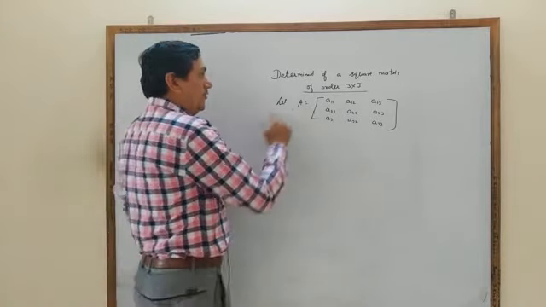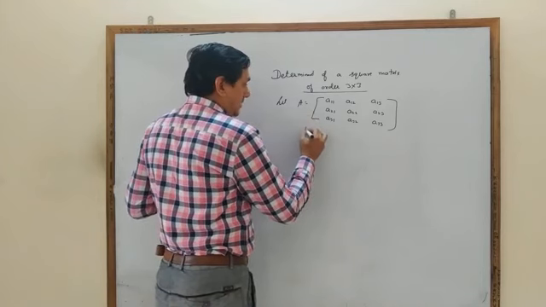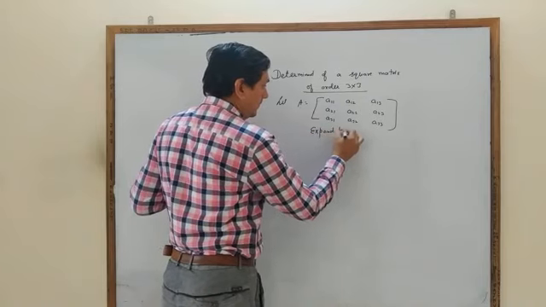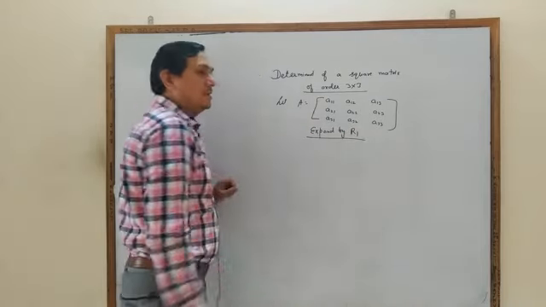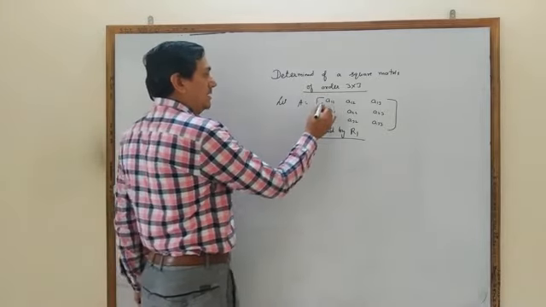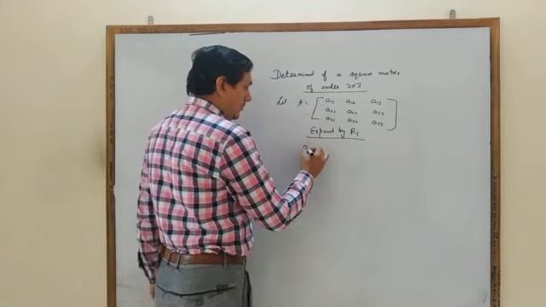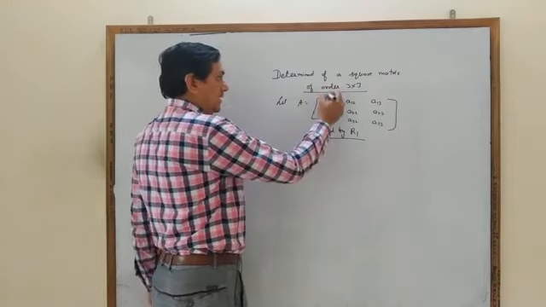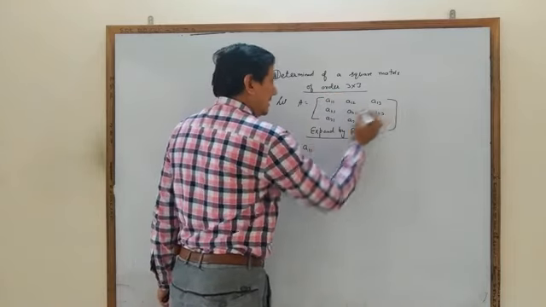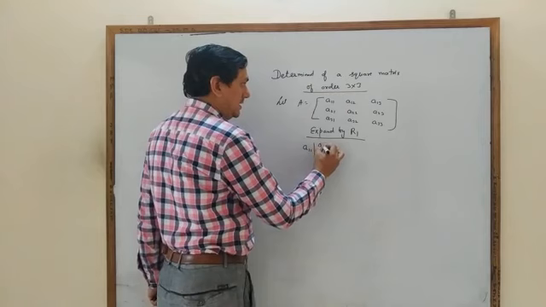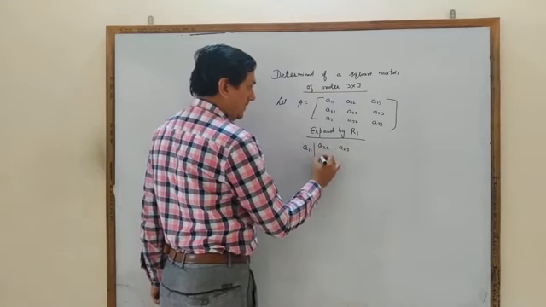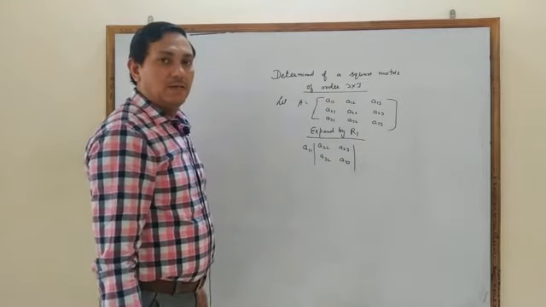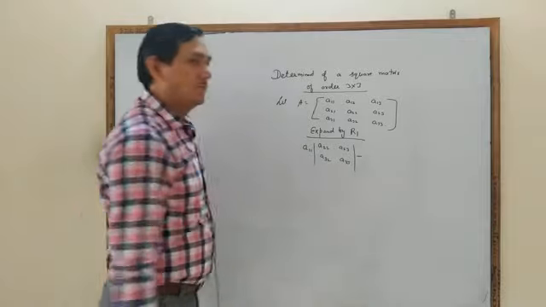Now we shall calculate it by expanding by R1. Expanding by R1 means we shall take elements of R1 one by one with alternating signs, starting with a positive sign: A11. Then imagine a cross sign on this element and write the remaining elements, and then put a negative sign.